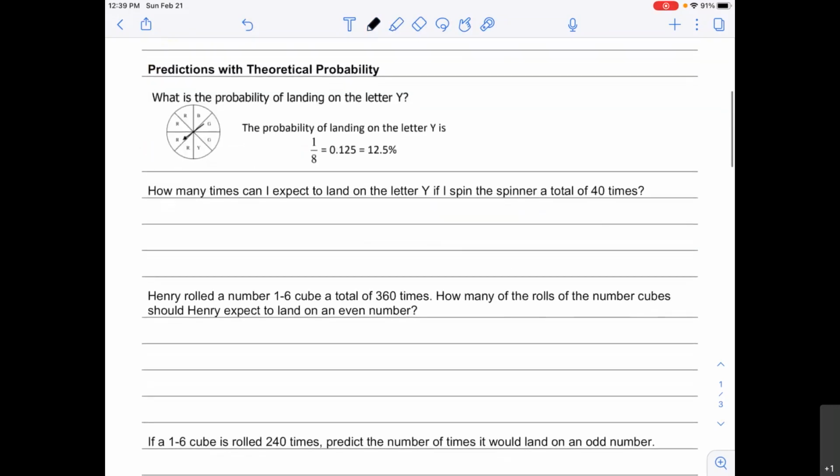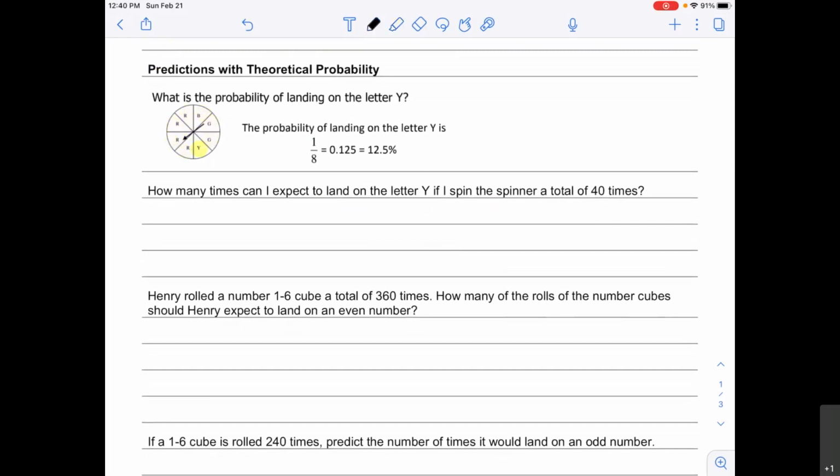All right, we're going to start with predictions with theoretical probability. So if we look at this spinner here, what is the probability of landing on the letter Y? Well, we've been doing this. I see that I have one section that has a Y in it out of 1, 2, 3, 4, 5, 6, 7, 8 sections.